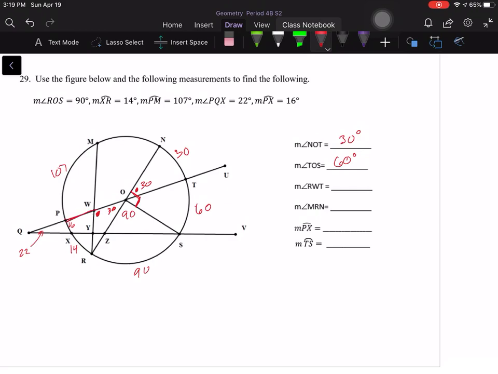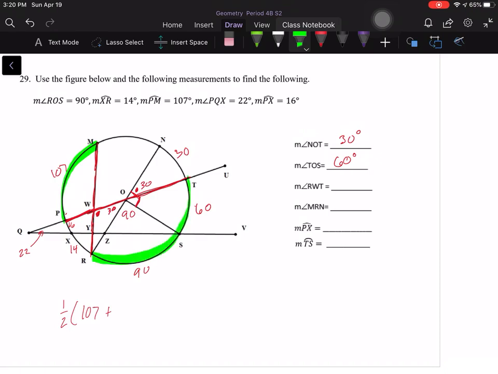So I can use the property of, if I extend these lines here, and extend this line here, I know I have half of 107, so that's going to be the arc here. Maybe I'll use a highlighter, that's probably easier to see.